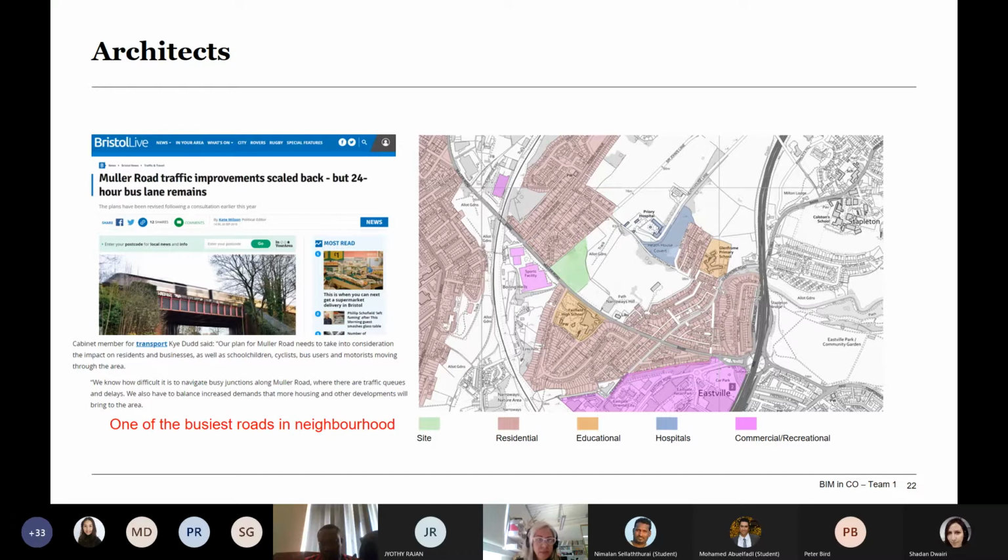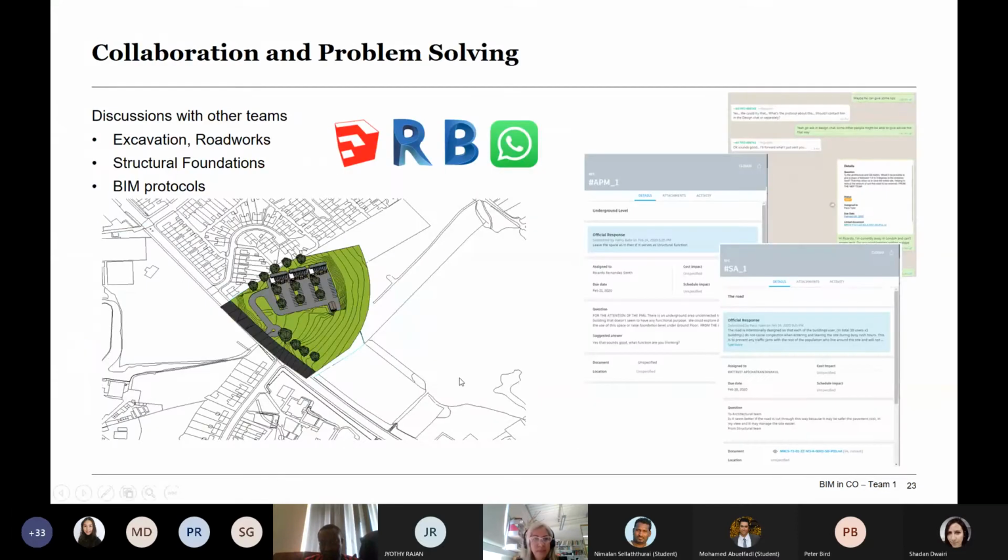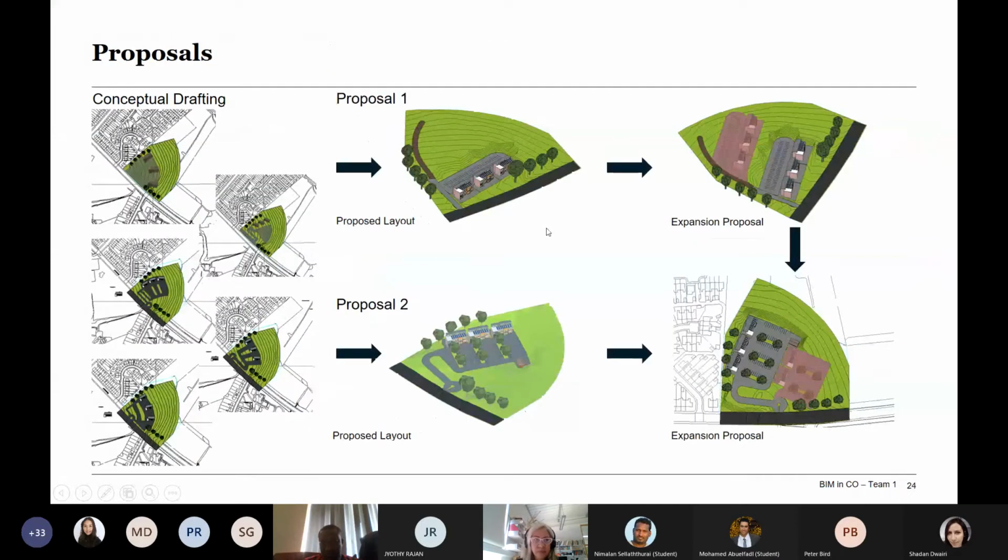Architects or design team. So it's about talking about locations and the whole conceptual plan and how you came up with a final design with some of the key elements that you needed to discuss with other teams.